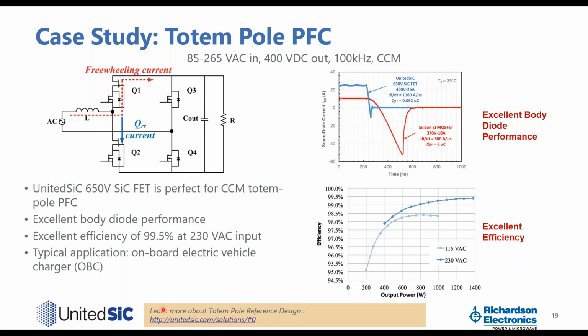And if you'd like to learn more, you're welcome to visit our website here. At this link, you can find the detailed totem pole reference design, including the BOM list, the circuit diagram, schematics, and the app note about how we design and control the circuit.